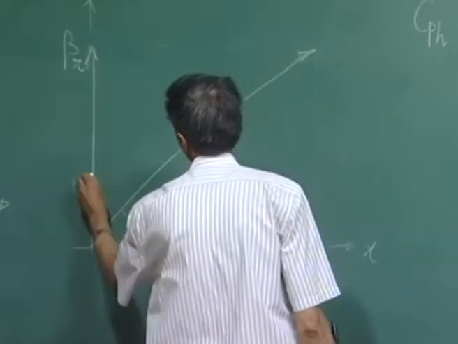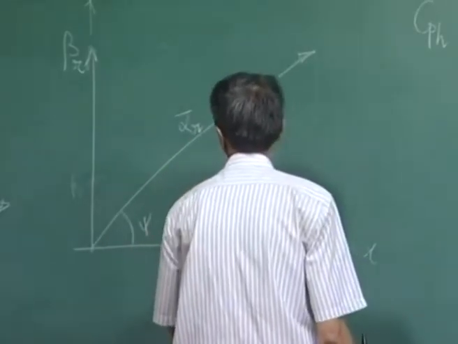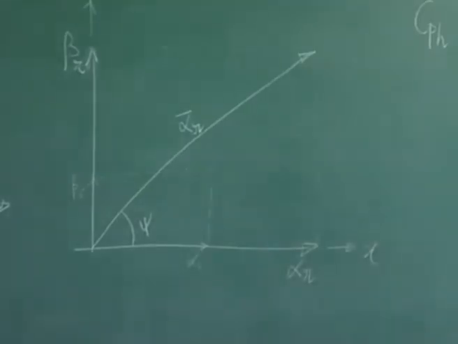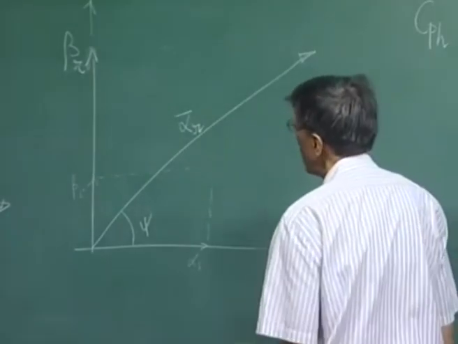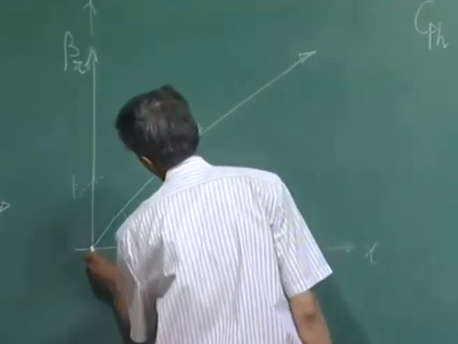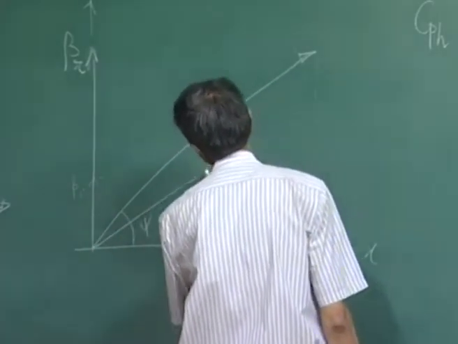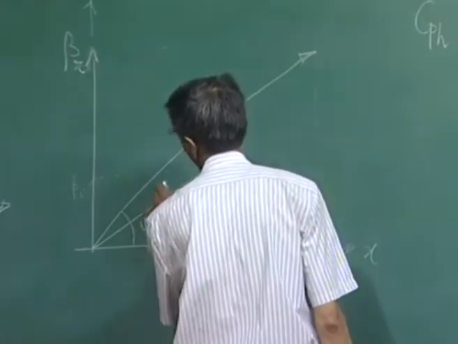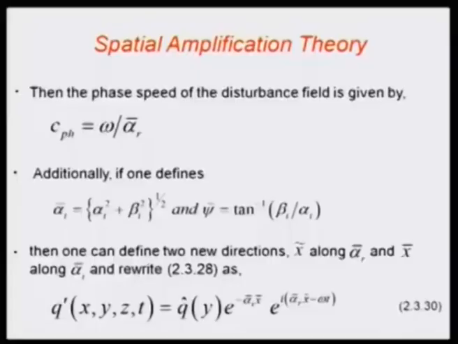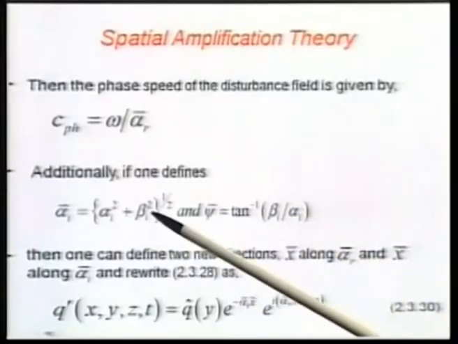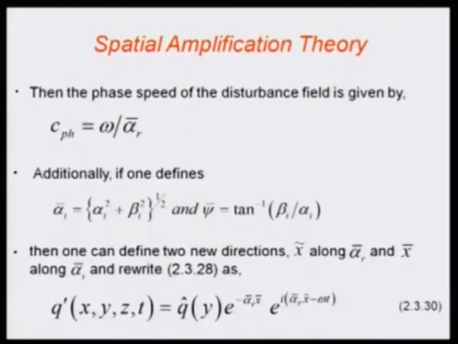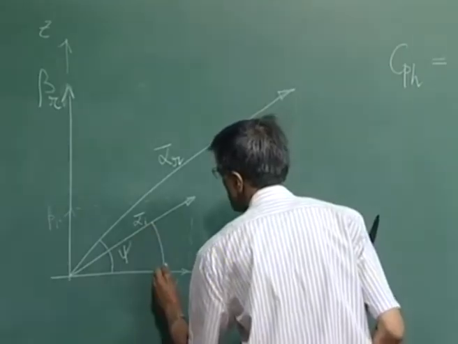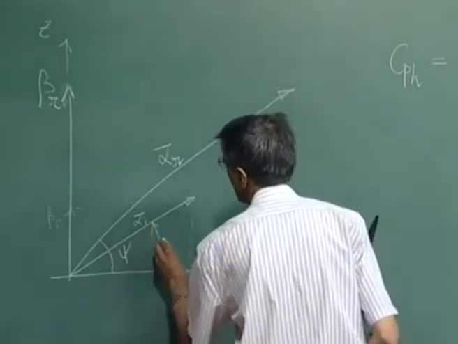What I can do is identify a resultant quantity, which I will call alpha i bar. Alpha i bar, as you can see, is the square root of alpha i square plus beta i square. And then I can talk about this angle as psi bar.